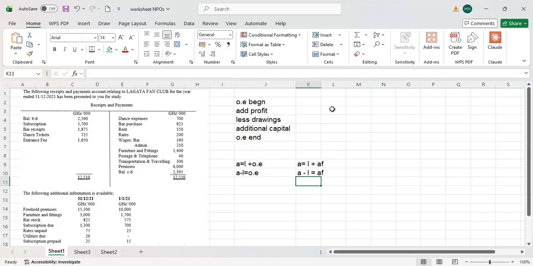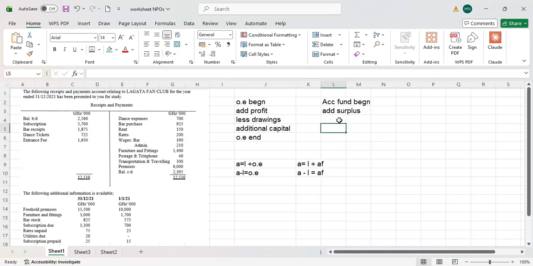So it means that we can have accumulated fund at the beginning, we add our surplus, no drawings by owners. If there are any additional contributions, that also can be added.